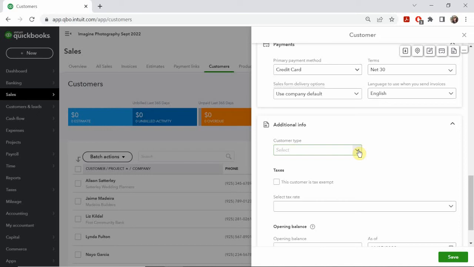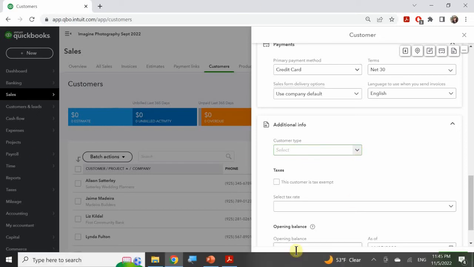But you wouldn't necessarily charge the same amount to a residential customer, right? A residential customer might not be able to afford that kind of high-end camera, or be able to rent out those locations, right? So that's why you could categorize your individual customers based on those types of sales, right?